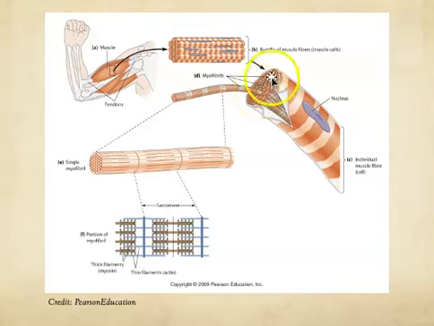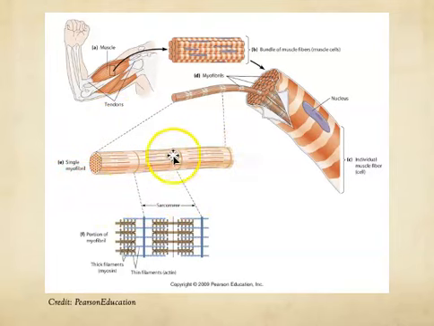Basically, the cytoplasm in here is full of more linear structures called myofibrils. So each cell is full of myofibrils. And when we group many cells together, we get what we think of as a muscle.